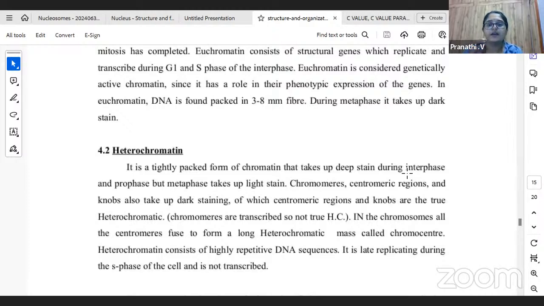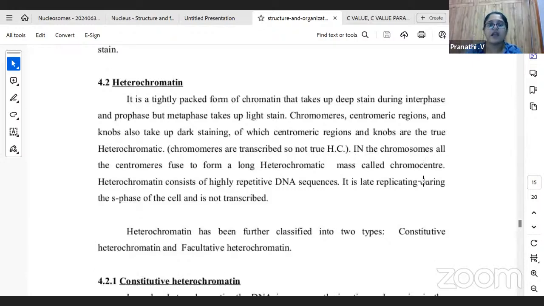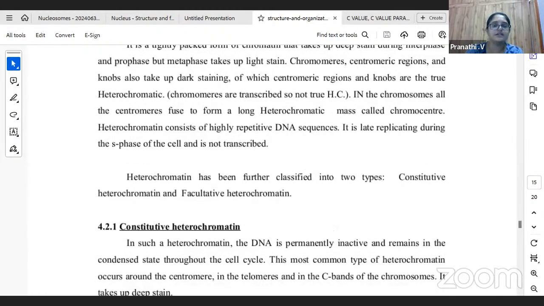In the chromosomes, all the centromeres that are present are going to form this heterochromatic mass known as the chromocenter. And again, it is highly repetitive in nature, and you cannot see this during the late S phase stage.